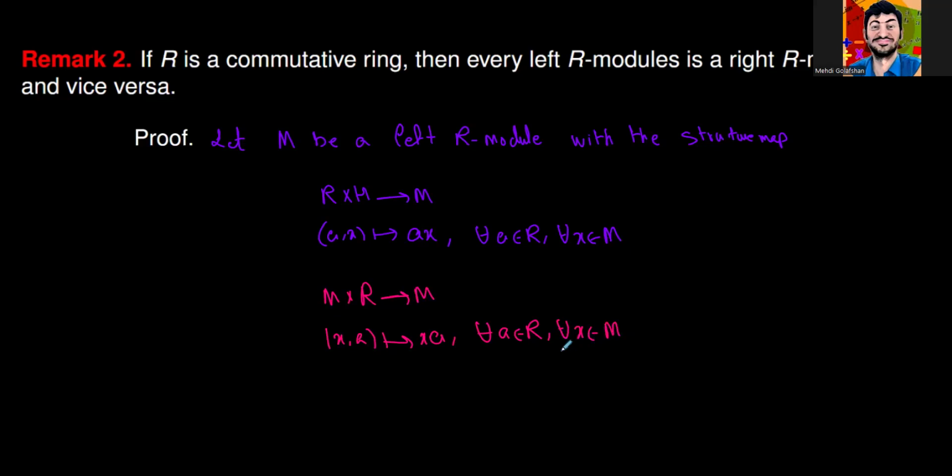I'm just using this notation. So let's actually define xa. Right now, everything is defined, and we have the multiplication.